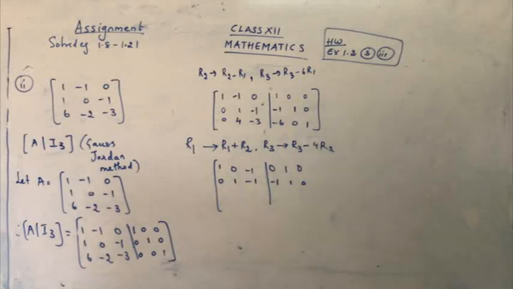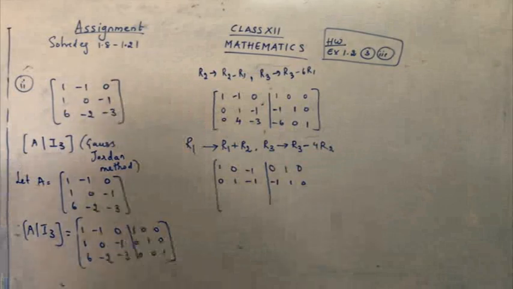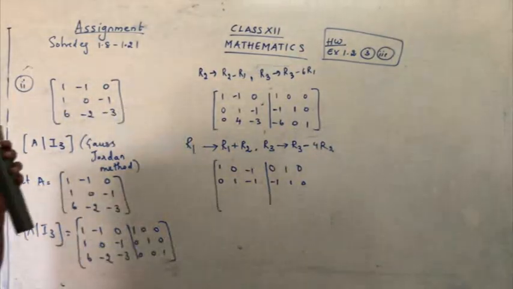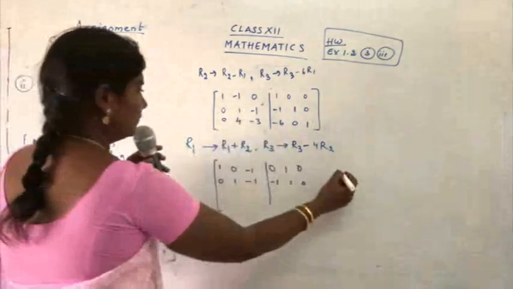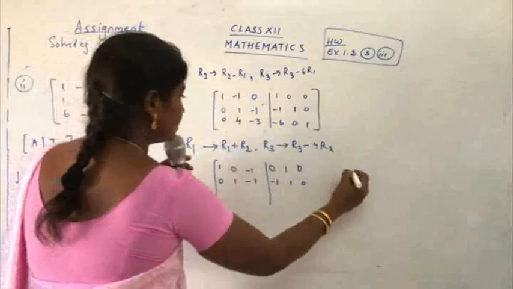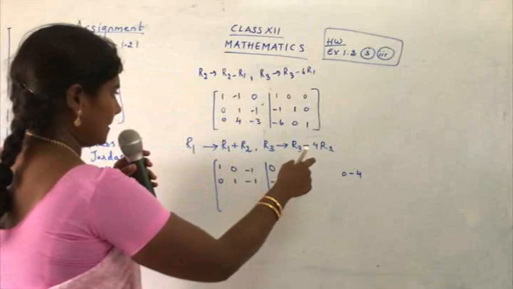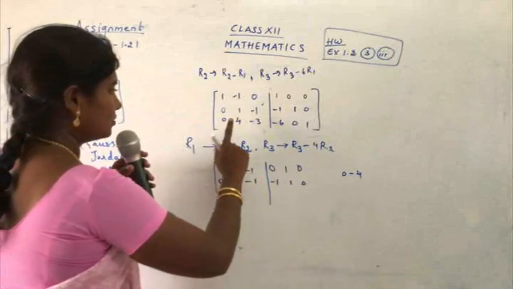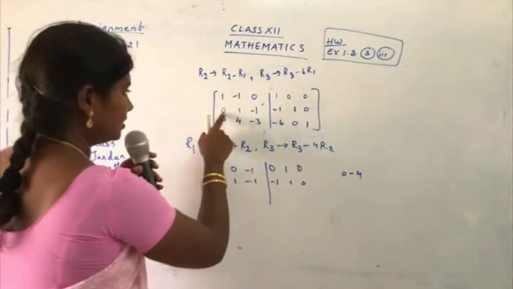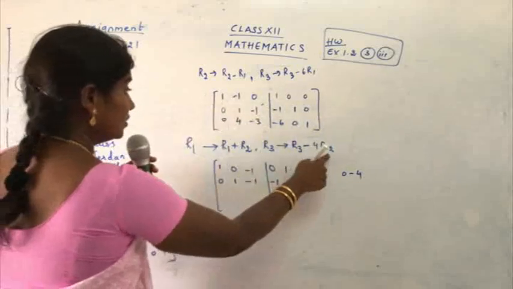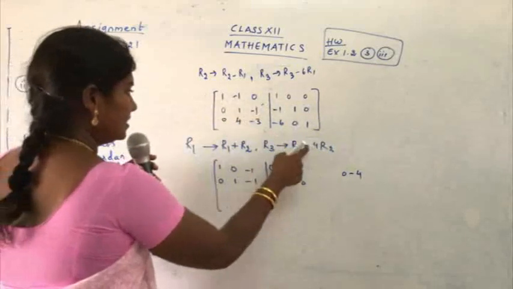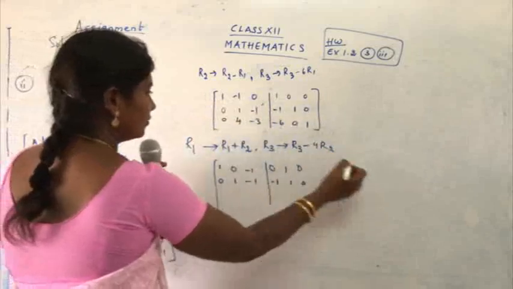Now let's go for the third row conversion. R3 minus 4 R2. Be careful, it's R2. 0 minus 4 times 0, that's 0.